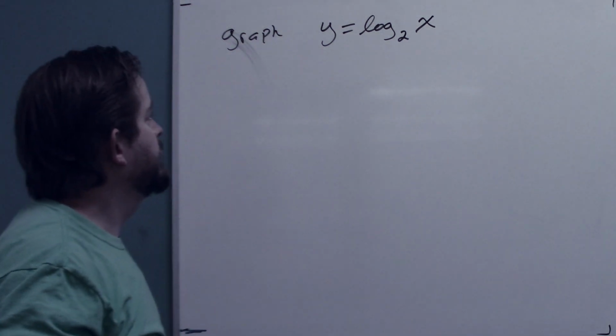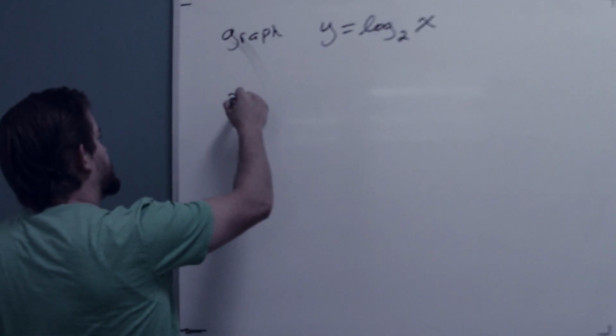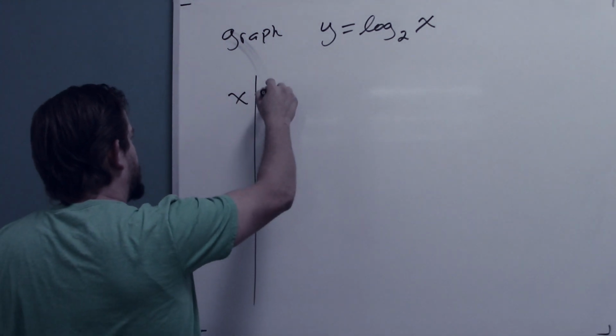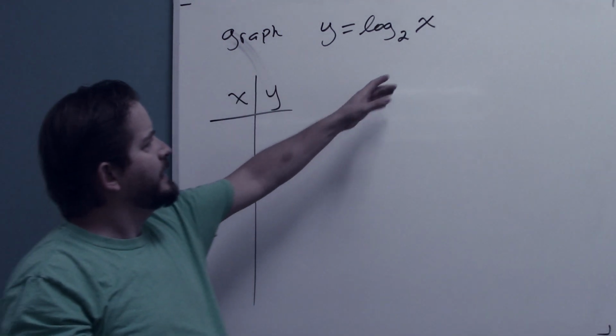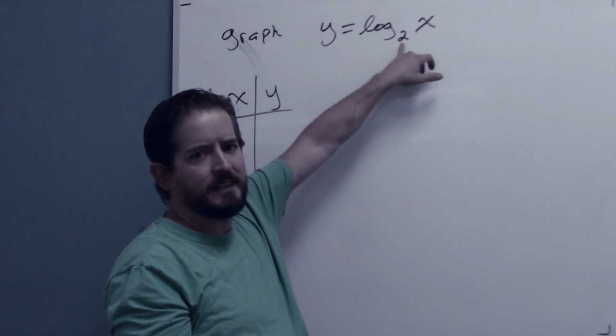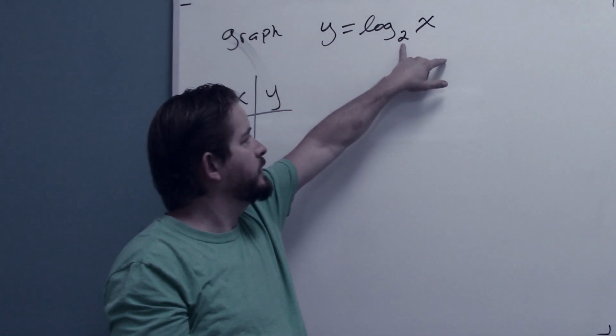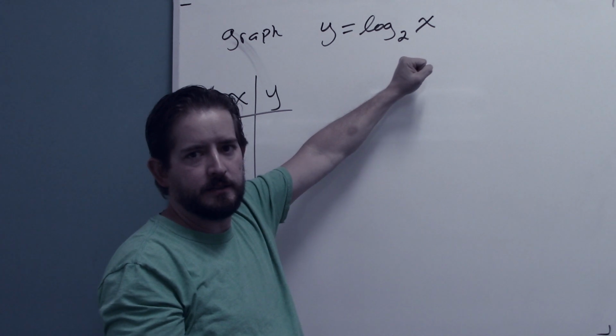Okay. If I came through and said, well, here's an x chart and a y chart, and I want to plug in values of x to figure out y, it's hard to do that, especially since I don't really know how to evaluate log base 2 of anything just yet, right?